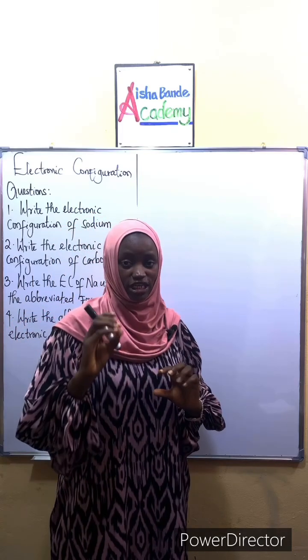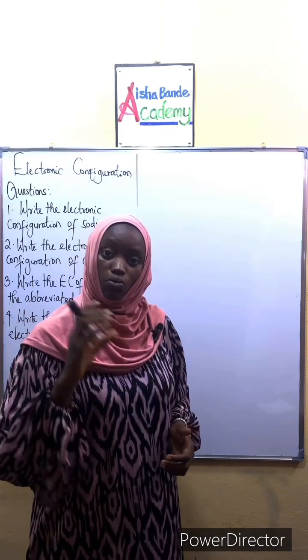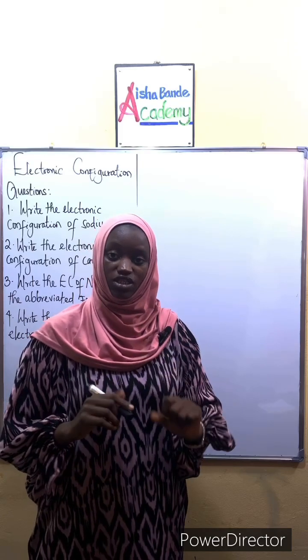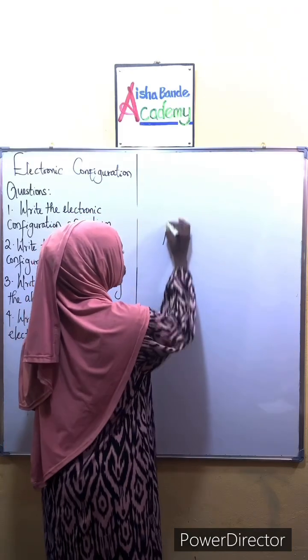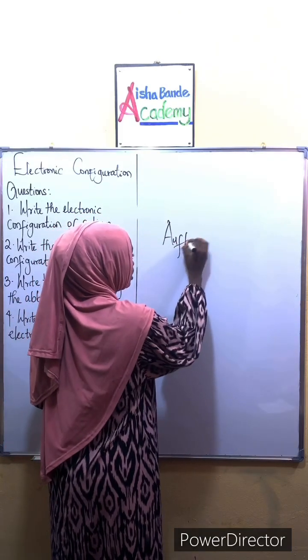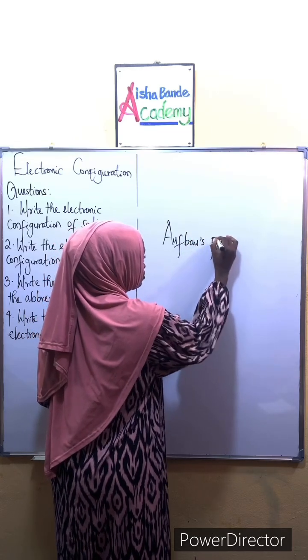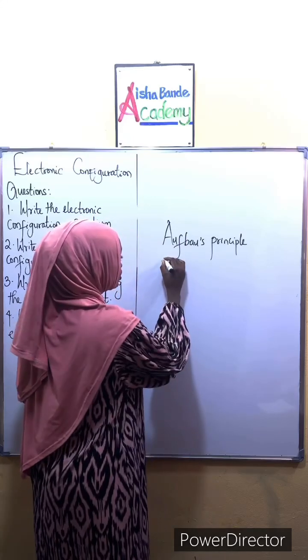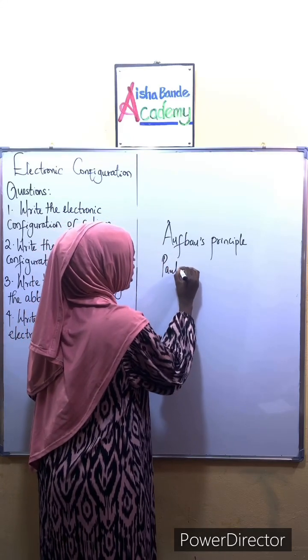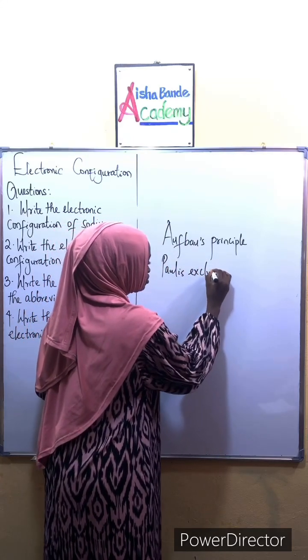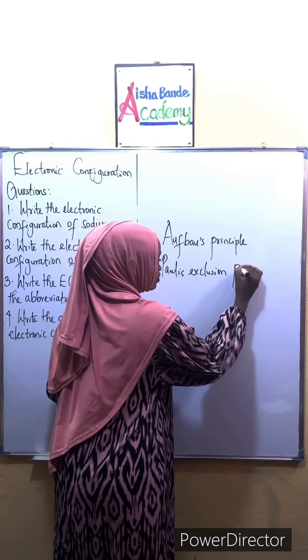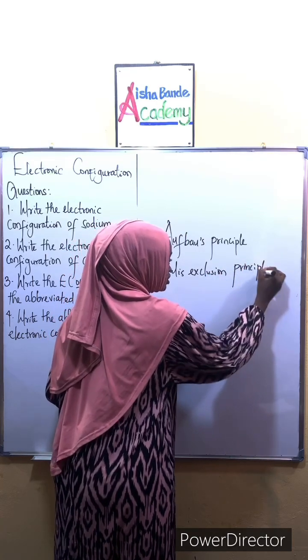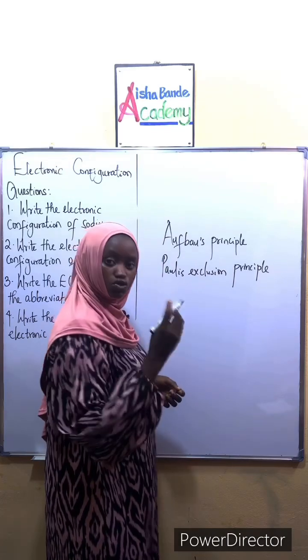So we need to know that electrons are arranged in suborbitals using three principles. The first principle is what we call the Aufbau principle. The second principle is called the Pauli's exclusion principle. Then the third one is called the Hund's rule.